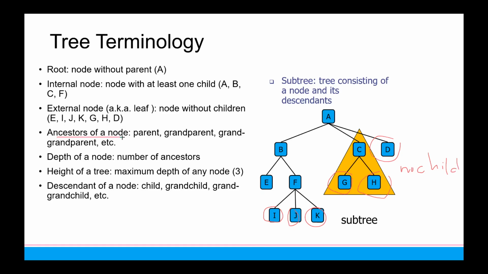Ancestors of a node. An ancestor of a node means a parent or grandparent. So you can see in this one, F is the parent of I. P is the grandparent of I, and then A is also a grandparent of I. So I with F: F is the parent.